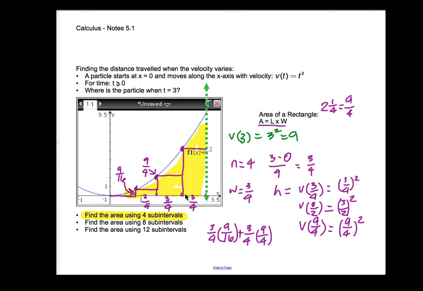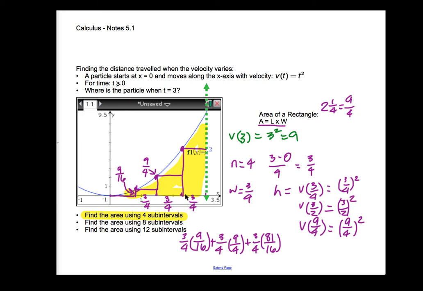So let's move these guys again. So this is going to be 3/4 wide times 81/16. Okay. And what we'll do is we'll add up all of these rectangles' areas.